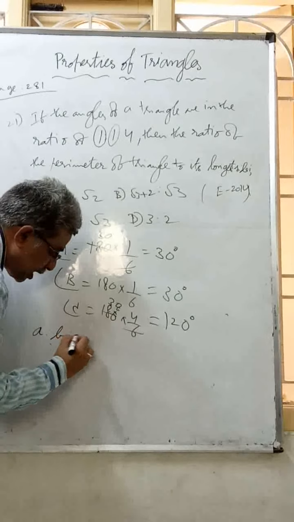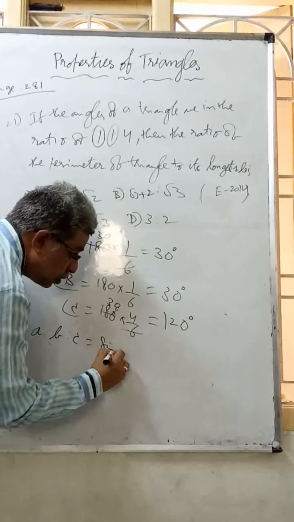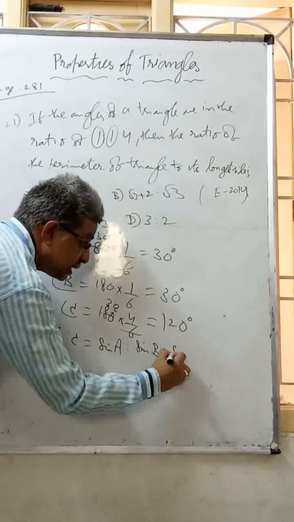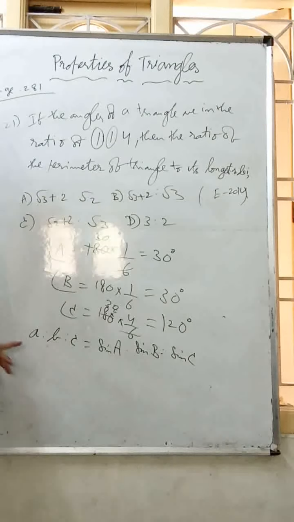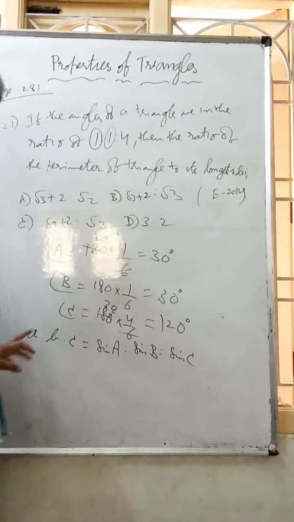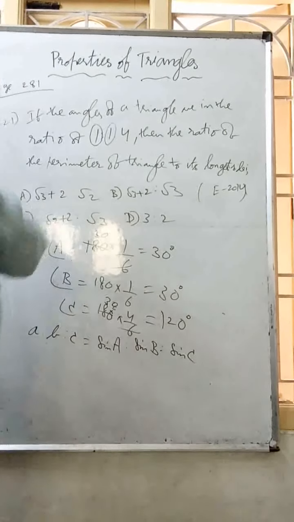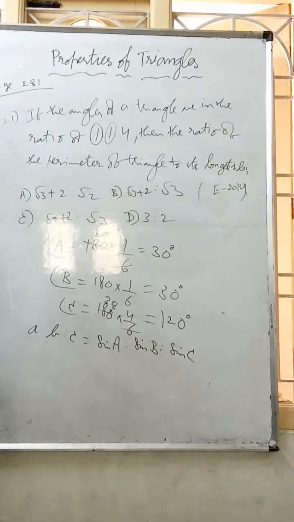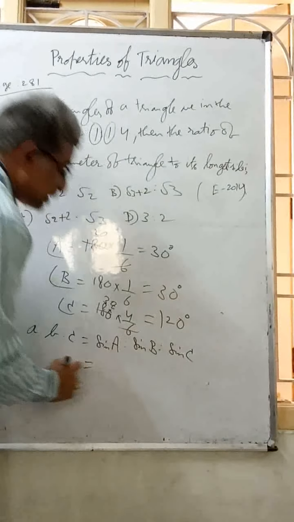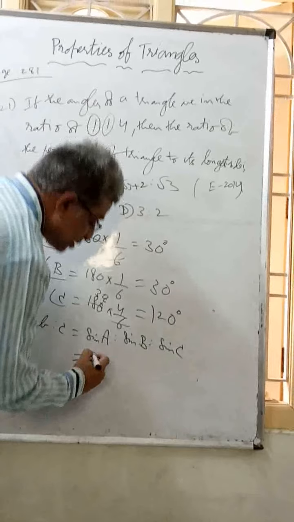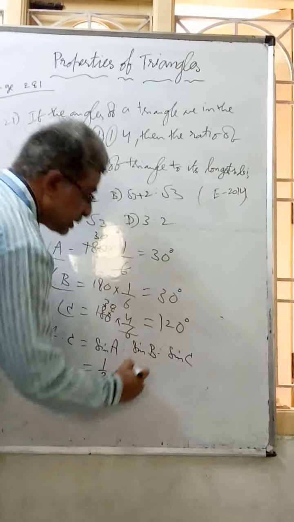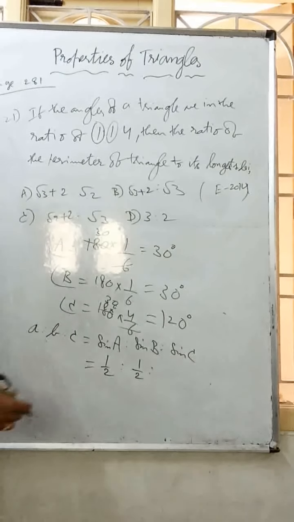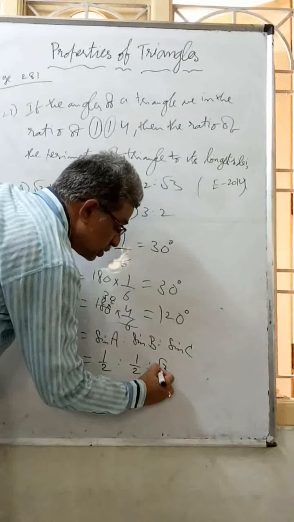Small a is to small b is to small c, I know that is sin A is to sin B is to sin C, since 2R sin A is to 2R sin B is to 2R sin C, and cancelling 2R. Now sin 30 degrees is 1 by 2, sin 30 degrees is 1 by 2, sin 120 degrees is sin of 180 minus 60, sin 60, root 3 by 2.